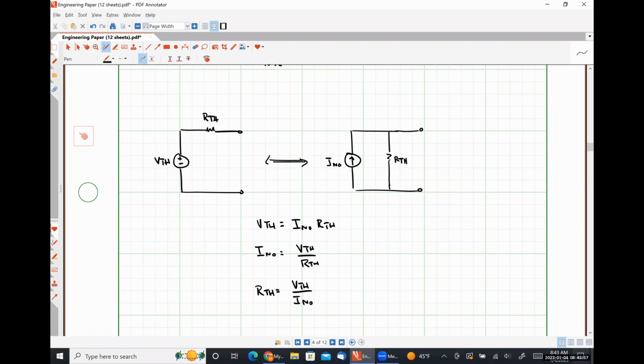Just Ohm's law, or the exact same relationship that we developed when we did source transformation.